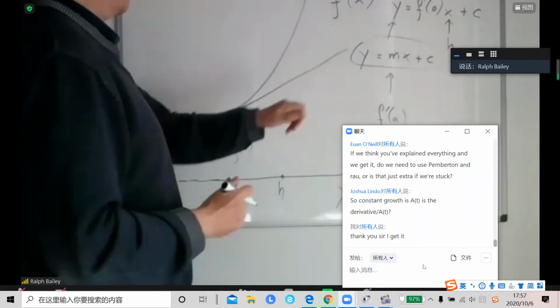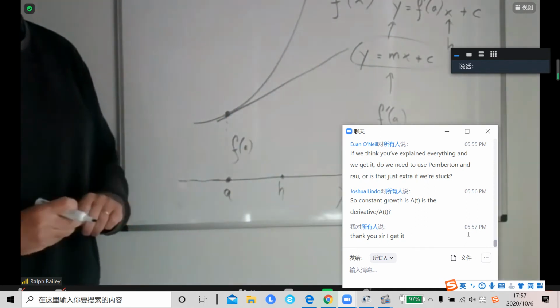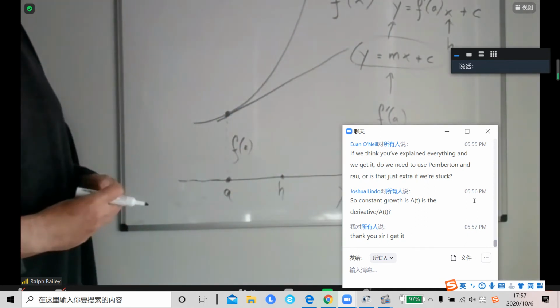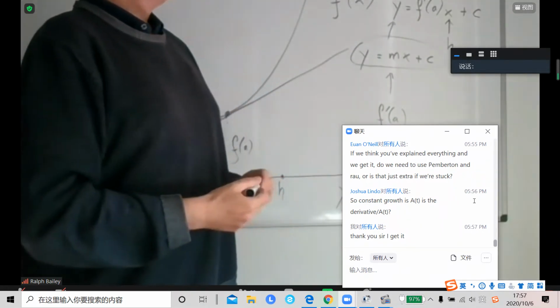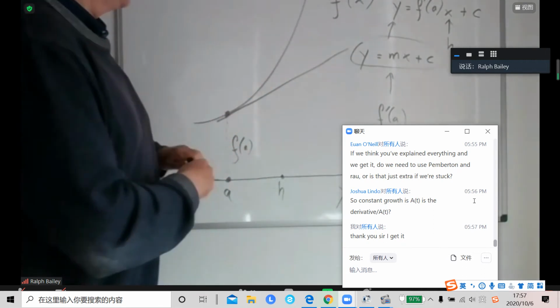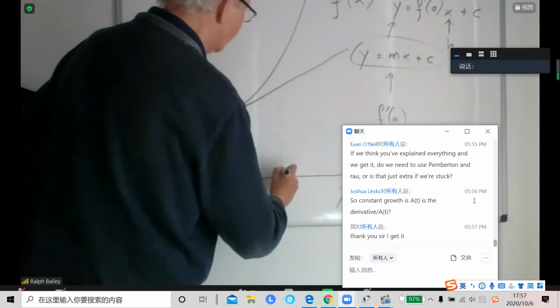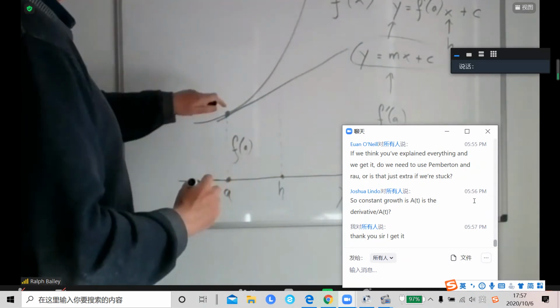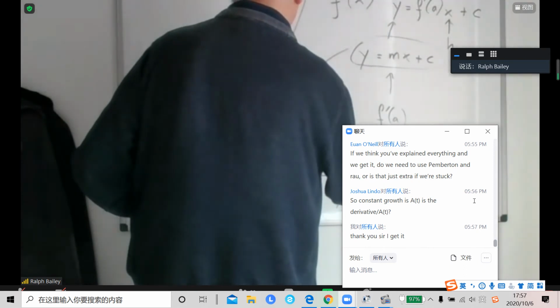C will be, as ever, I'm not getting, this is getting too complicated for me, I admit. I'll look through it afterwards, but this is the height f of a plus h, and you're going to use that.